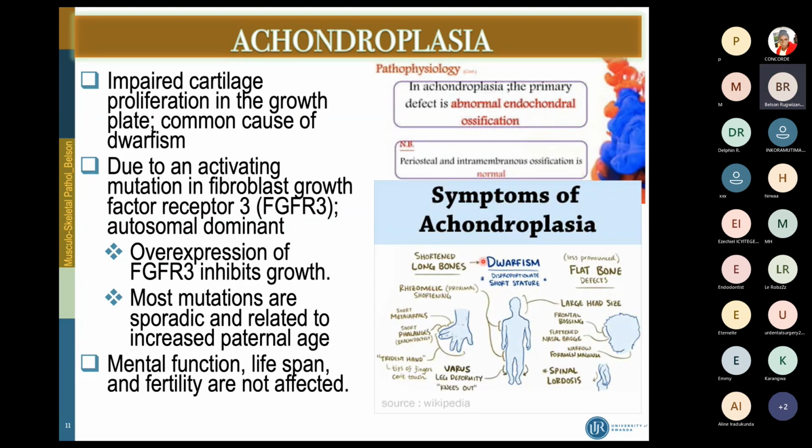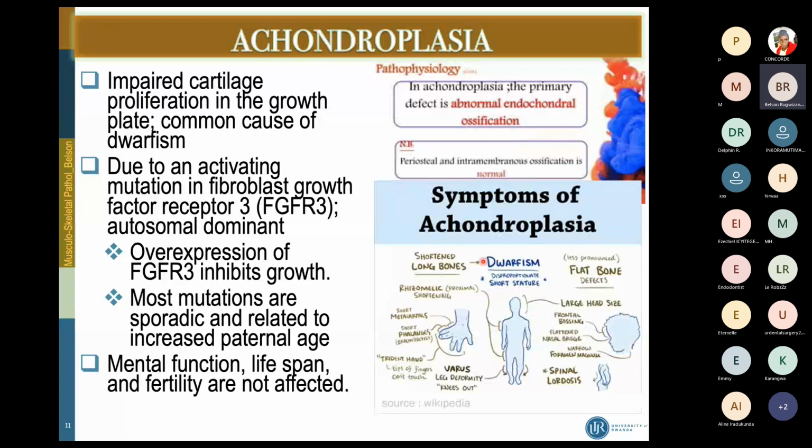So this is due to an activating mutation in fibroblast growth factor receptor 3, autosomal dominant. So the overexpression of this gene will inhibit the growth. And most mutations are sporadic and related to increased paternal age.